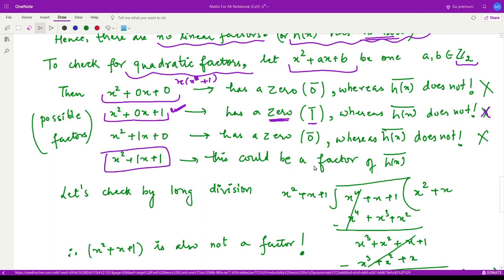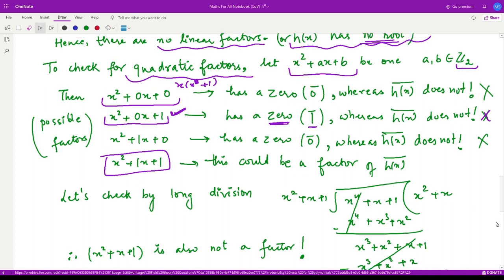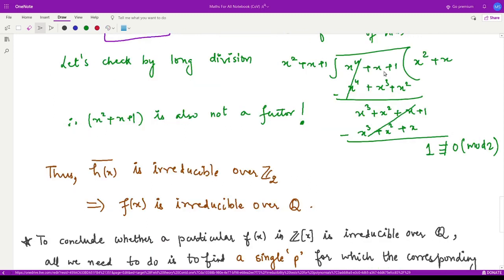Let's check whether this is a factor or not. This could be checked by the process of long division. We can divide our h bar x with this factor. We'll get this, but the remainder in this case is not equal to 0. That means this factor does not divide h bar x, so this is also not a factor. That means there are no quadratic factors of h bar x.